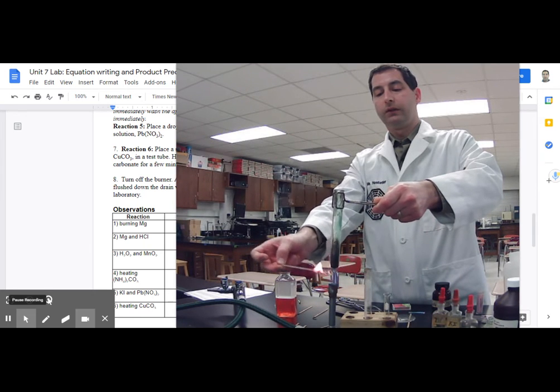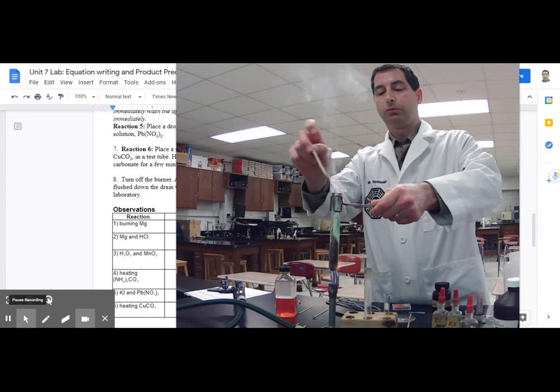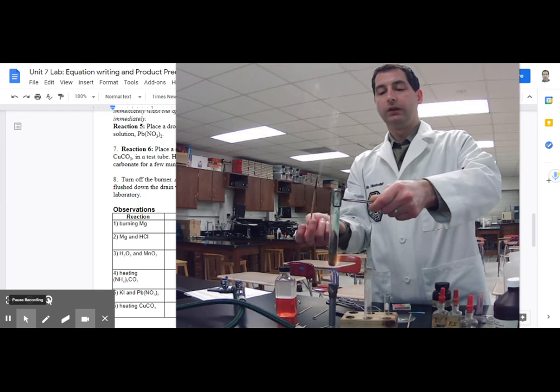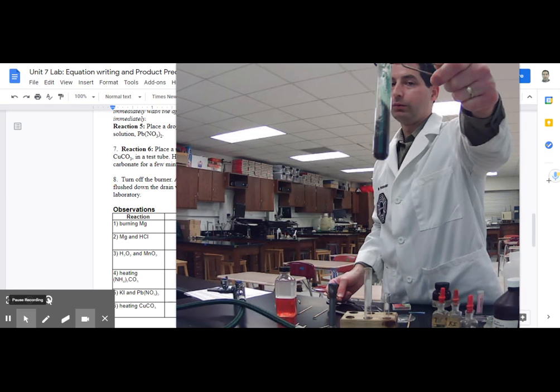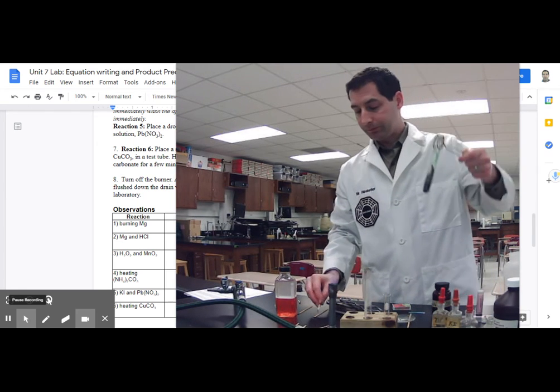And it makes the same gas that the ammonium carbonate made. So copper carbonate, ammonium carbonate, they both put out a burning splint. So we know that it's carbon dioxide plus color changes. So we have a different substance here than when we started.